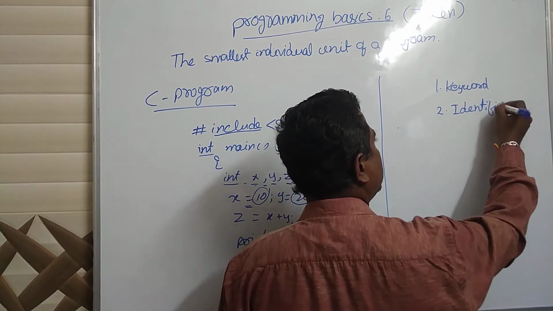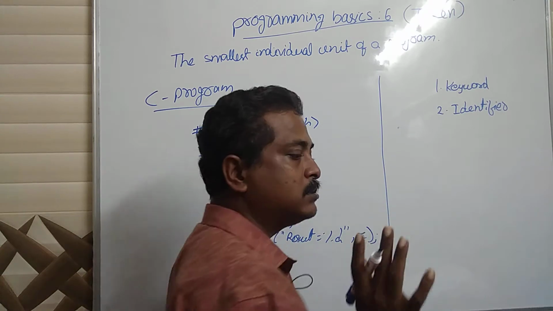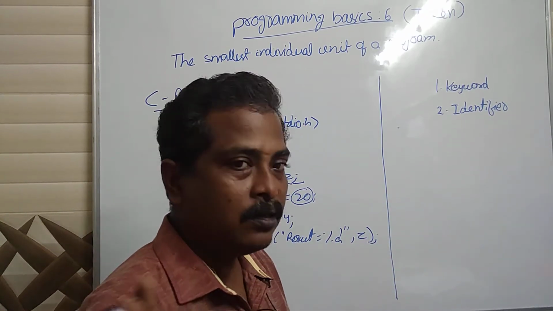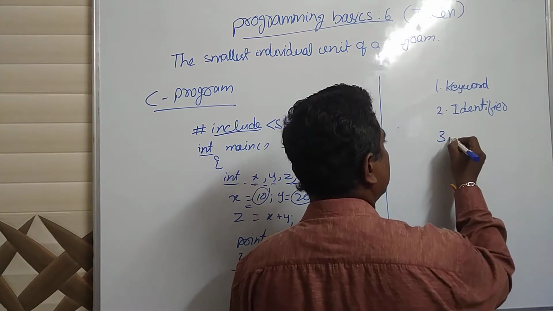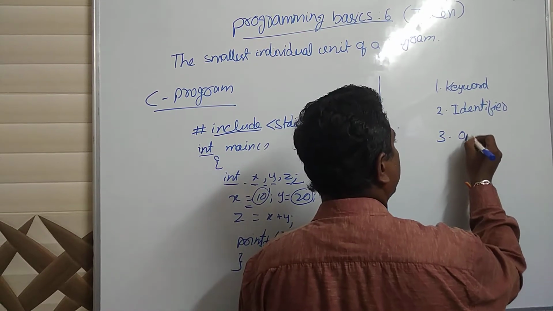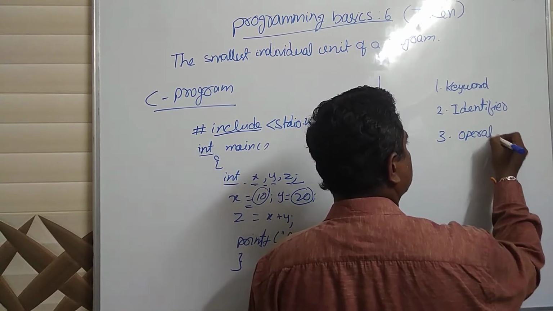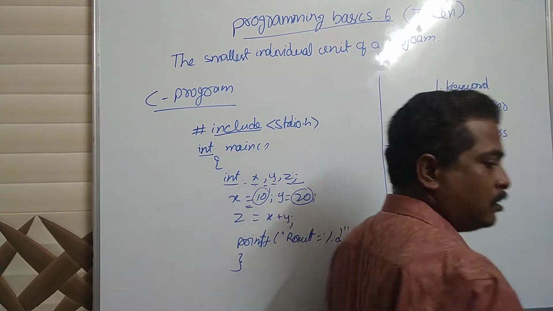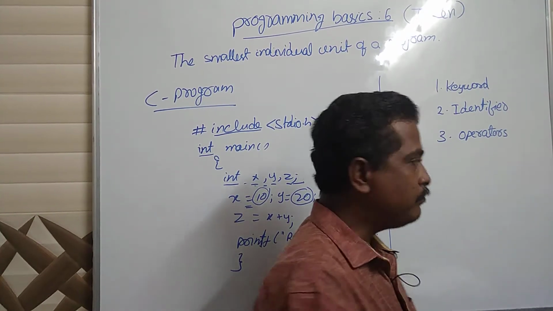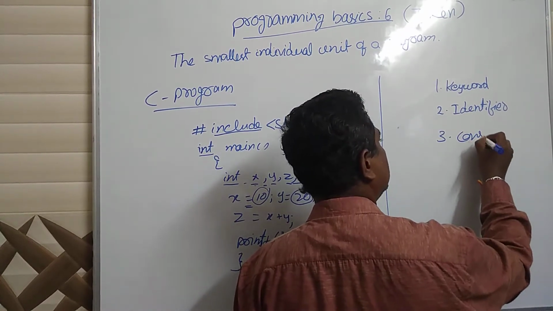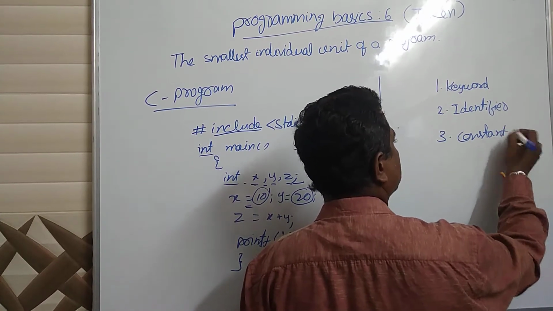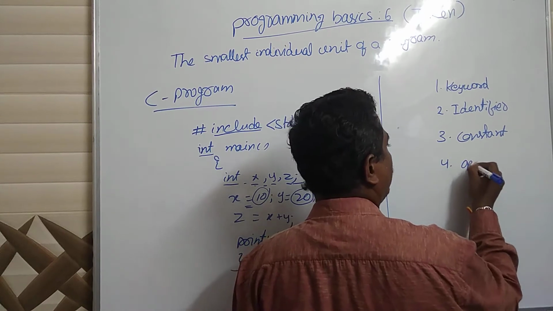Remember, this is there in all the languages, not only in C, not only in Java. Next is operators, or you may tell the third point as constants, then operators, as you wish. There is no fixed third and first. Constants, operators.